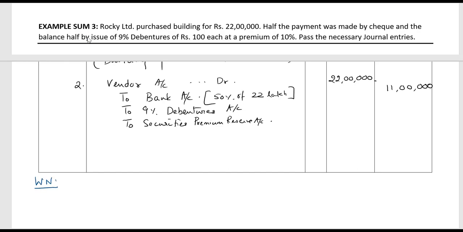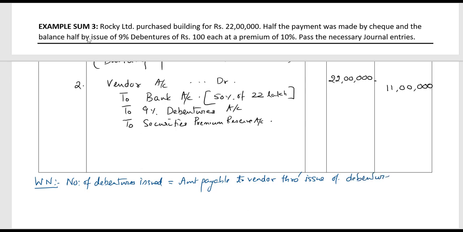Working note: number of debentures issued is equal to the amount payable to the vendor through issue of debentures, divided by the issue price per debenture.